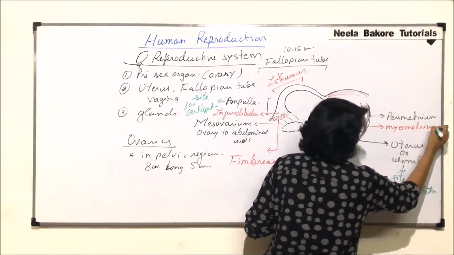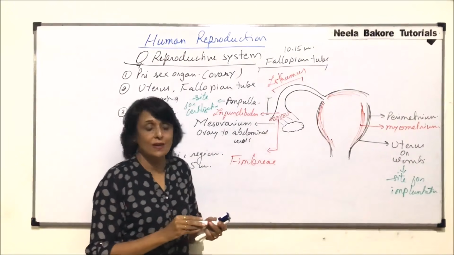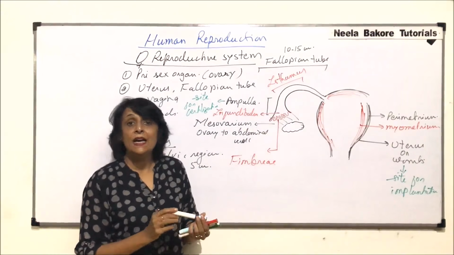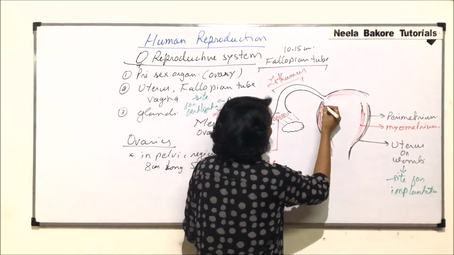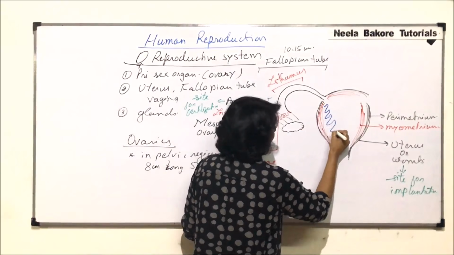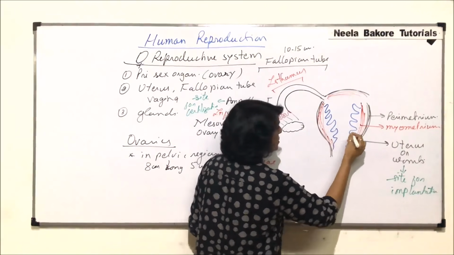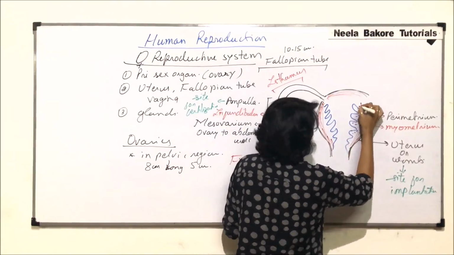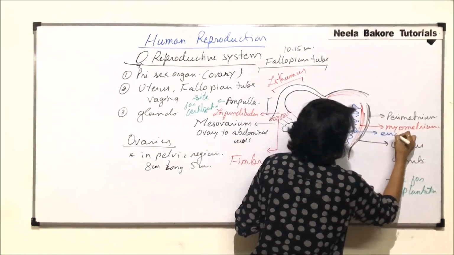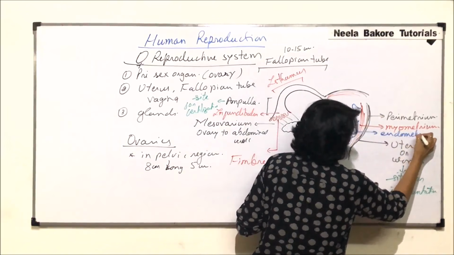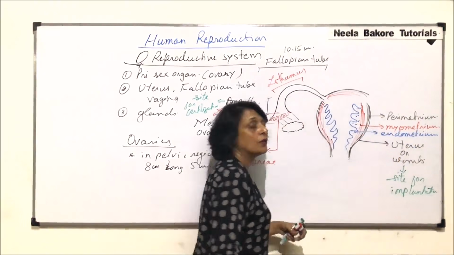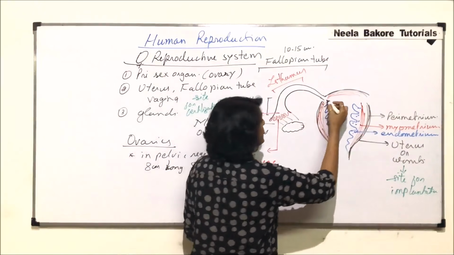This is the muscular layer, and the innermost layer is highly vascular and is folded, and this innermost layer is known as the endometrium.